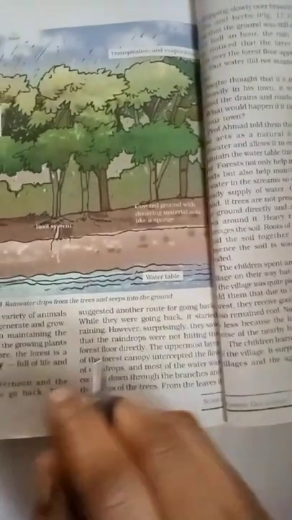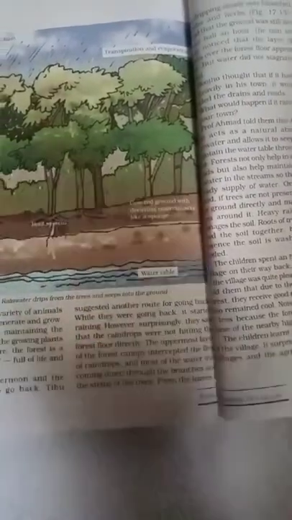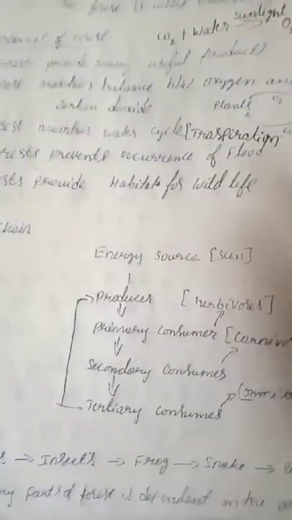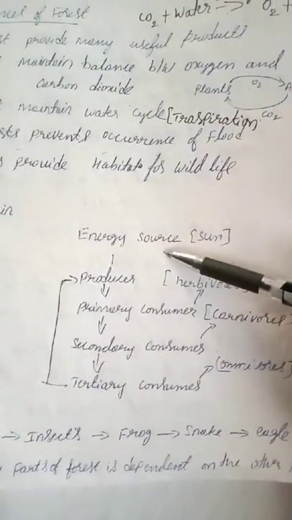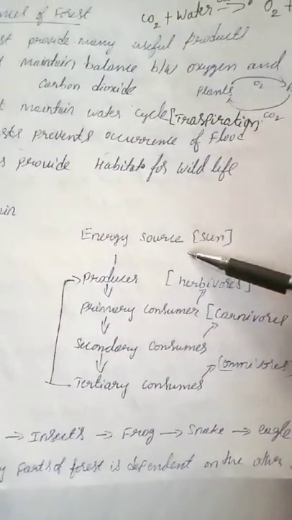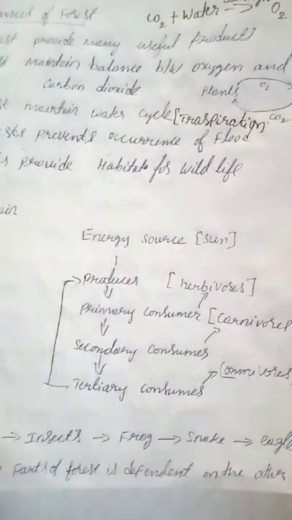Next important point: forests help to maintain the food chain. Food chain is one of the links, right? The main source of energy is the sun, which gives light and heat, right?